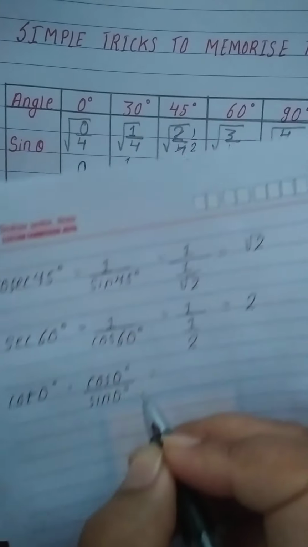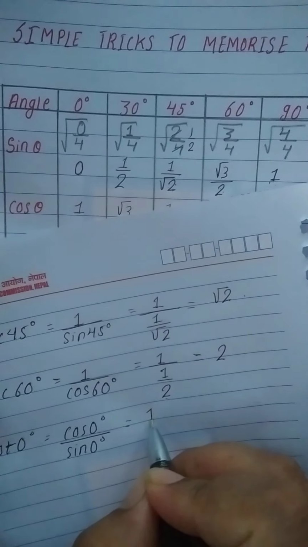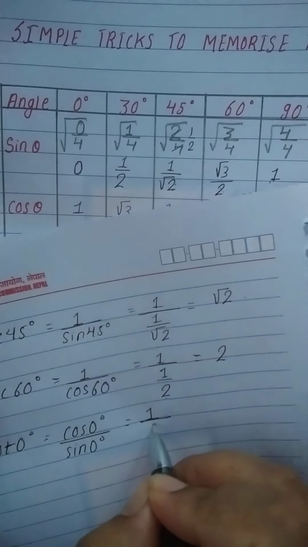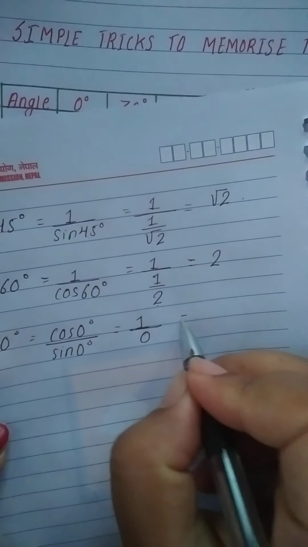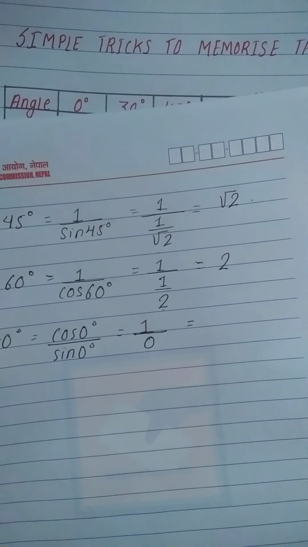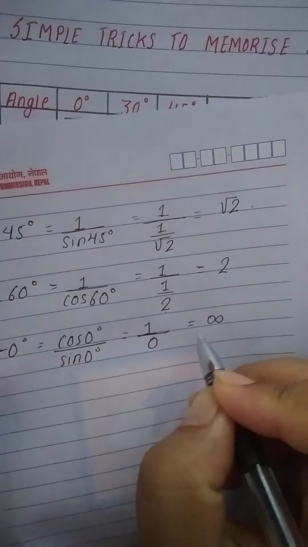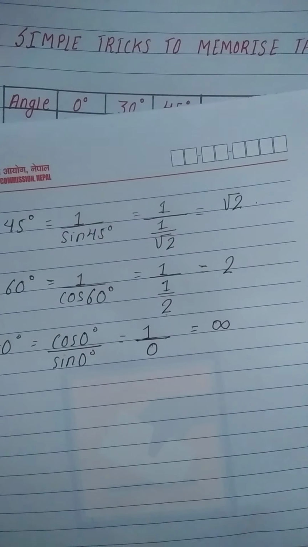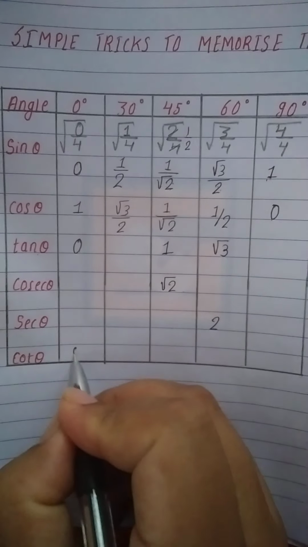Now you can see cos 0 degree means 1 upon sine 0 means 0. Now can you tell me the value of 1 upon 0? Yes, infinite. Whatever the number, if it divides by 0, then it will come infinity. So cot 0 is infinite.